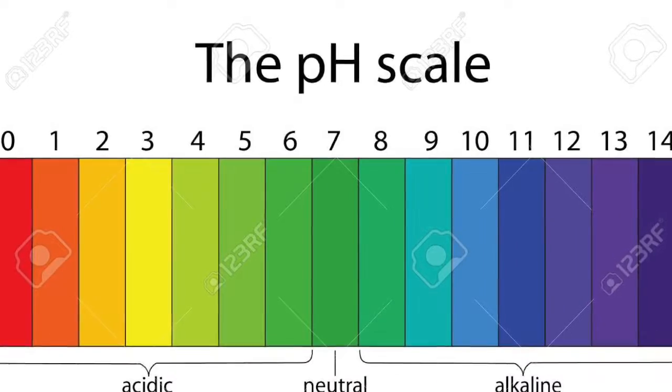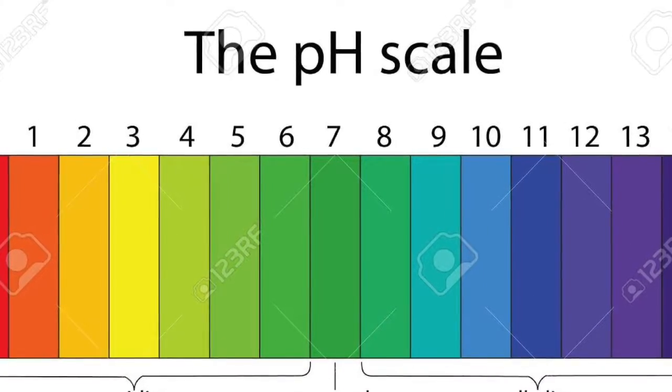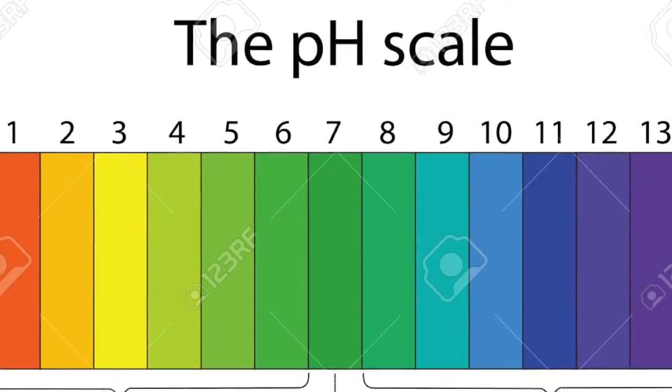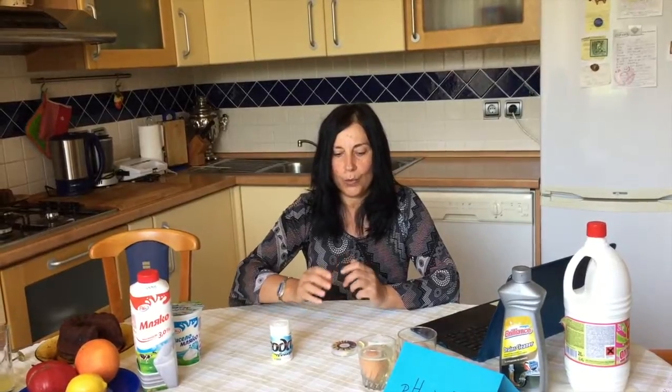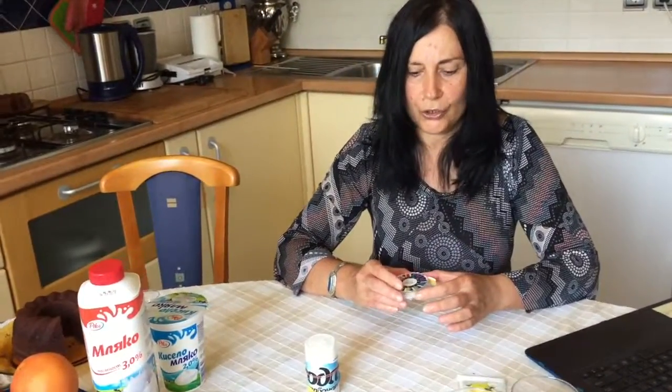Scientists nowadays distinguish acids from bases according to their pH value. It is a very important concept in chemistry, which you are probably going to use later in your studies. Today, we are only going to introduce the concept so that we see how acids and bases in our experiment are distinguished and how their pH value can be measured.